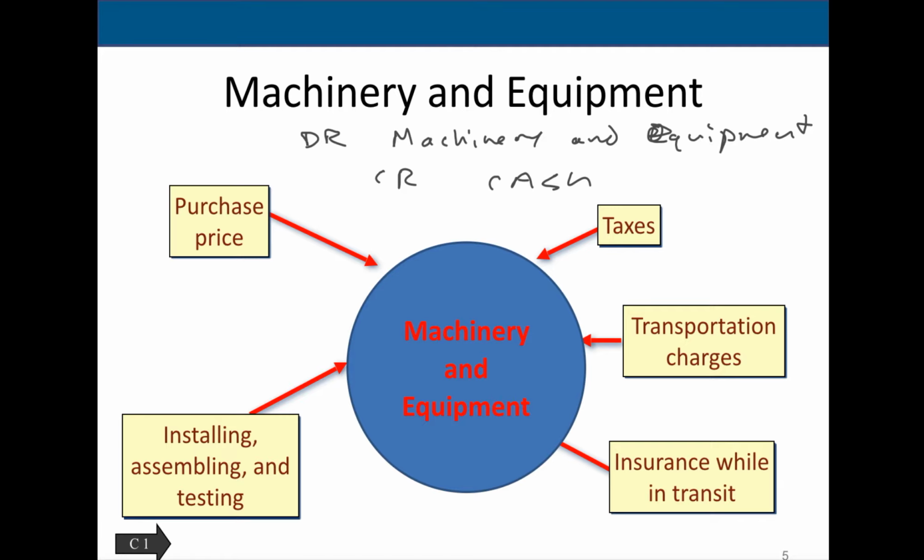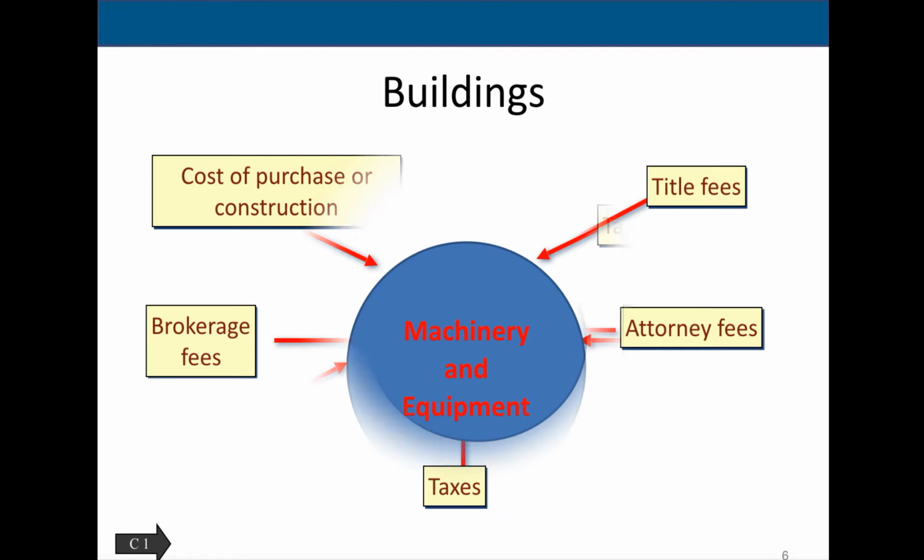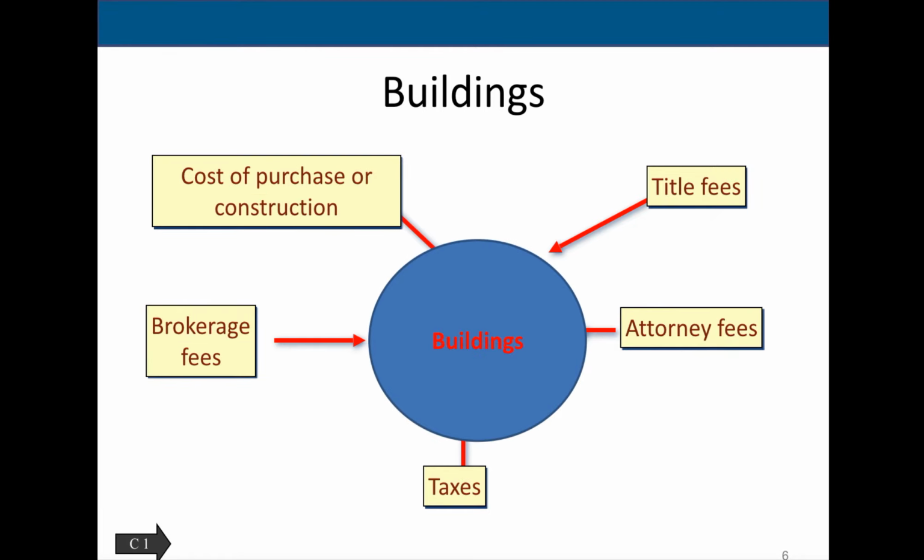All right. So that's for machinery and equipment, and it has all of those extras that go with it. Then we also have another category within this property, plant, and equipment. And incidentally, none of these account titles are necessarily going to be uniform no matter where you go. So this may be called buildings one place. It may be called warehouses, if that's all you have, another place.